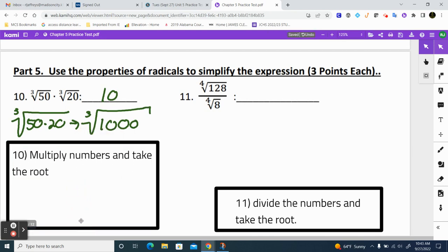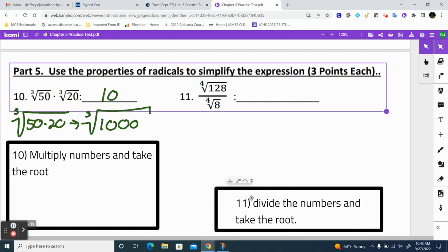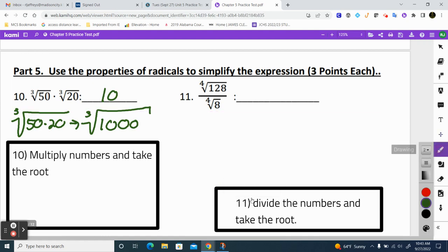All right. Whatever. Now, for 11, it says divide the numbers and take the root. Okay. So I would do 28 divided by 8.